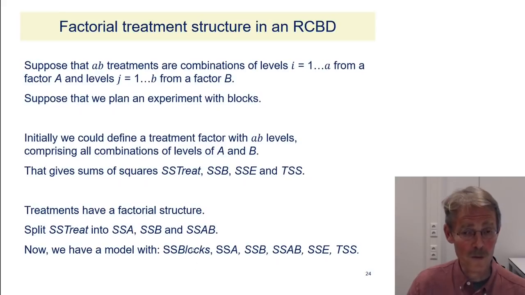So I could have no less than 1, 2, 3, 4, 5, 6 sums of squares in my ANOVA table. Yeah? So these 3, SSA, SSB, SSAB, are from a split of the sum of squares of treatment, and these 2, the sum of squares for blocks and sum of squares of error, are actually from a split of the original error sum of squares in one-way ANOVA without blocking.